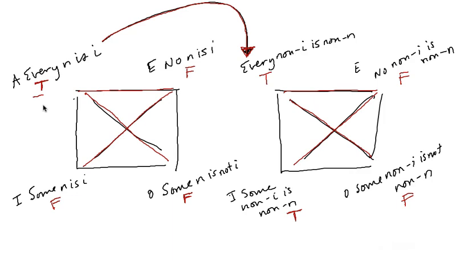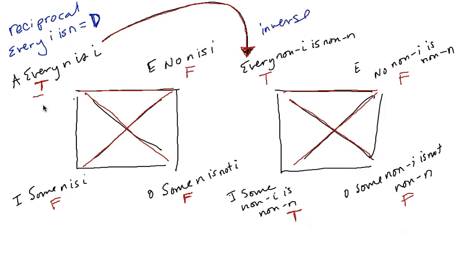One other thing we need to put on here, though, is the reciprocal and the inverse. Reciprocal. Remember, the reciprocal says every I is N, and that is doubtful. That is, we don't know the answer to that. And then the inverse is over here.